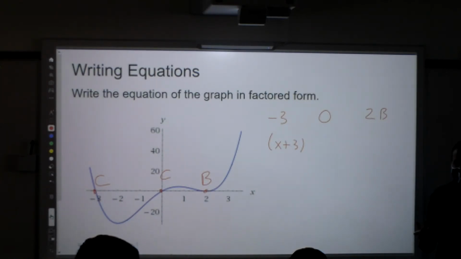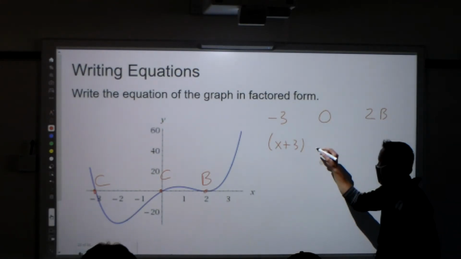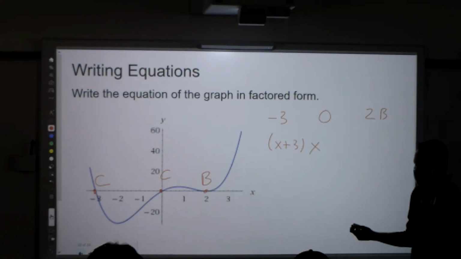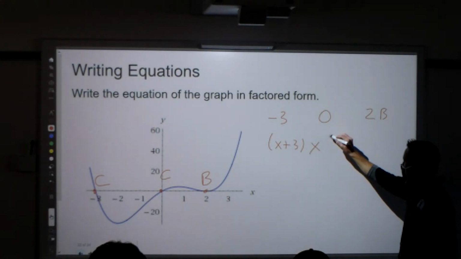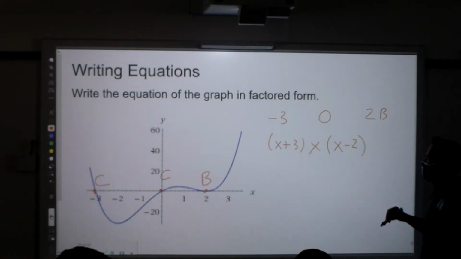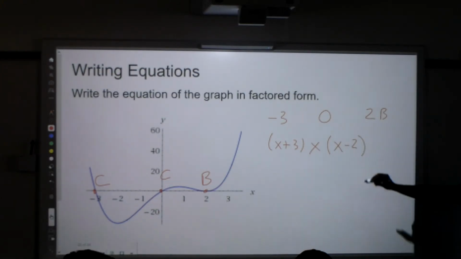What will it look like if there's a 0 as an x-intercept? Gonna wait for it. You guys know this one. X. It's just a plain old x. Because I'm thinking, what do I plug into x to turn it into 0? 0, so it's an x. Last week, too, we're going to change the sign so it's x minus 2. But how do we make it bounce? Put a square.